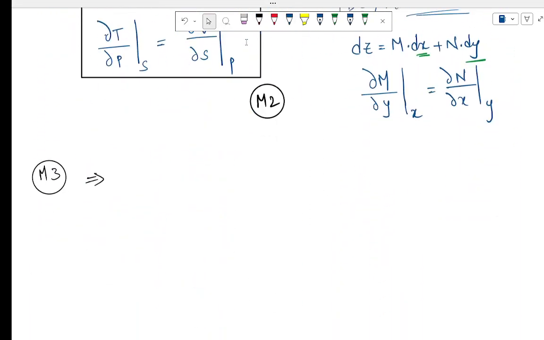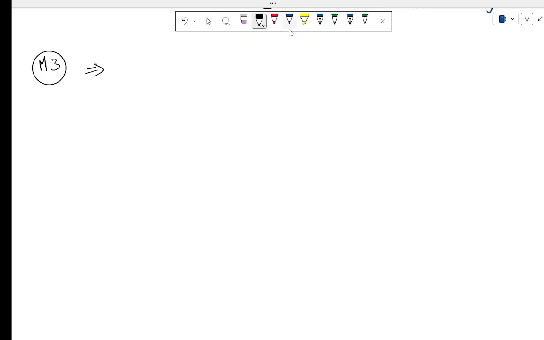So now let us come to F. This M3 is dependent on F, we said. What is F? F is nothing but Helmholtz function. What is Helmholtz function? Like you have related H is equal to U plus PV, similarly you can relate U minus TS.